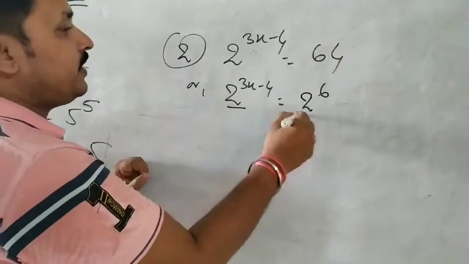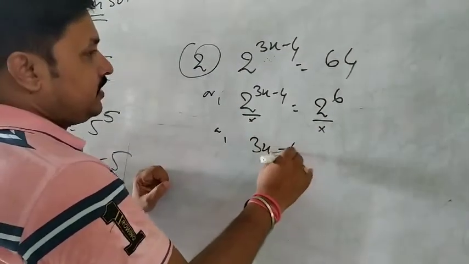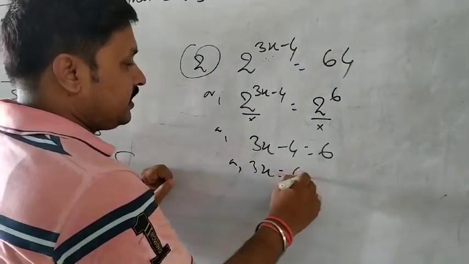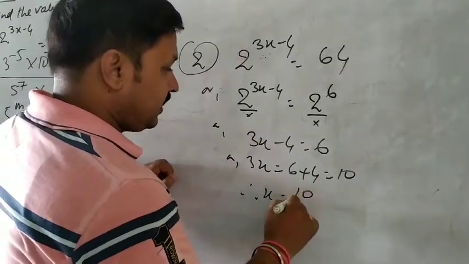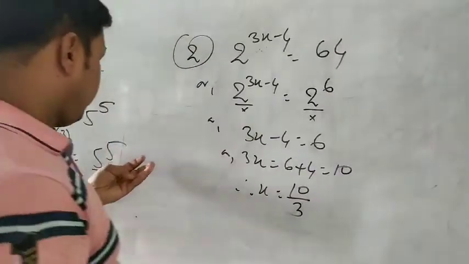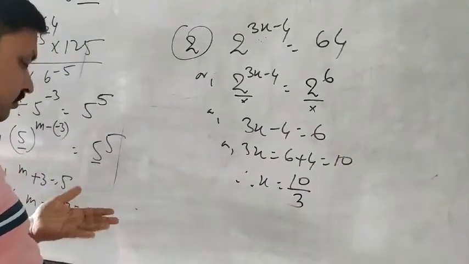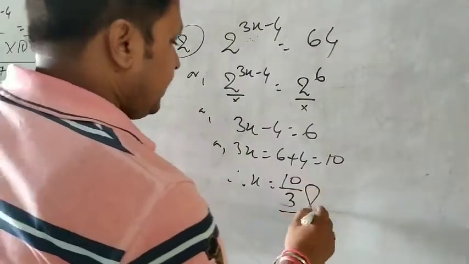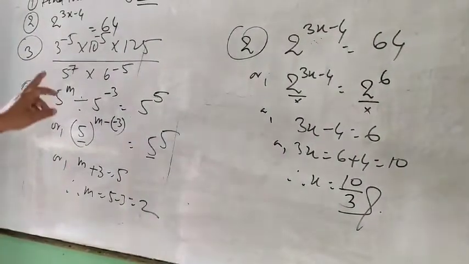So their bases are the same, so the bases cancel, and 3x minus 4 equal to 6, or 3x equal to 6 plus 4, that means 10. That means x equal to 10 by 3. So your result is 10 by 3. The value of x equal to this.